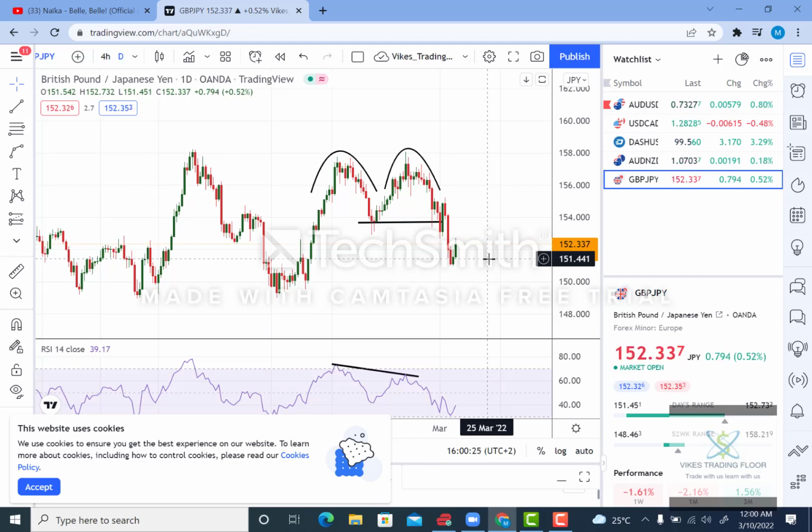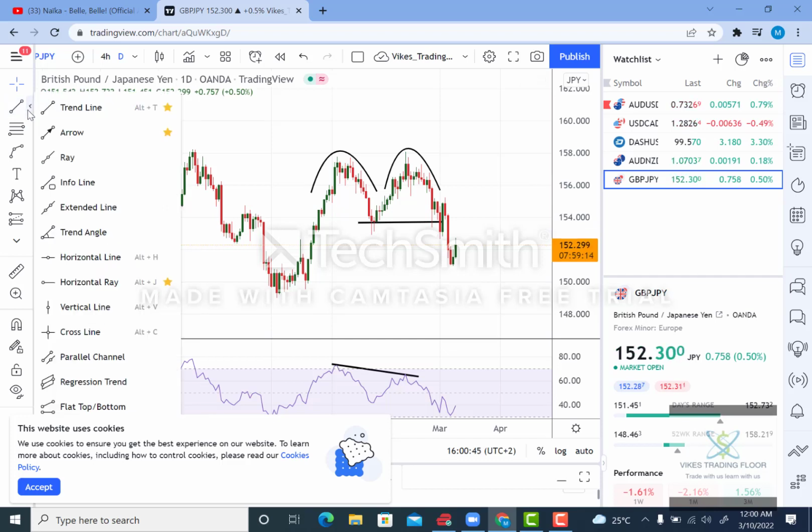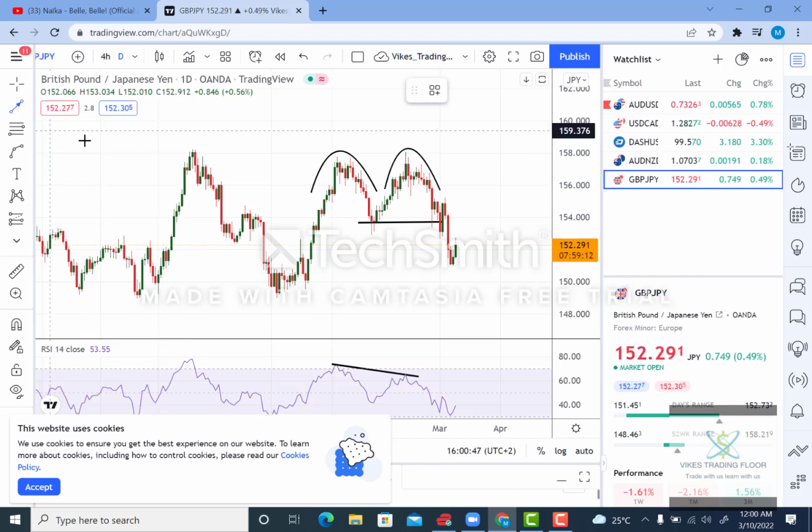Now, every setup that the market offers has a specific way of identifying a place to enter and the places to exit. The places to exit meaning stop loss and TP. In this example, we have our M pattern, or double top. How should you calculate the target after the break of the neckline?